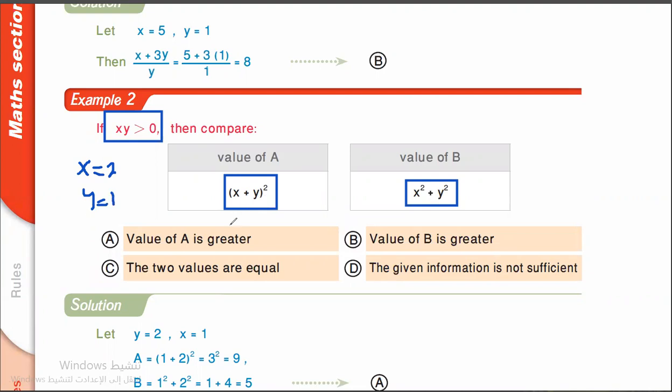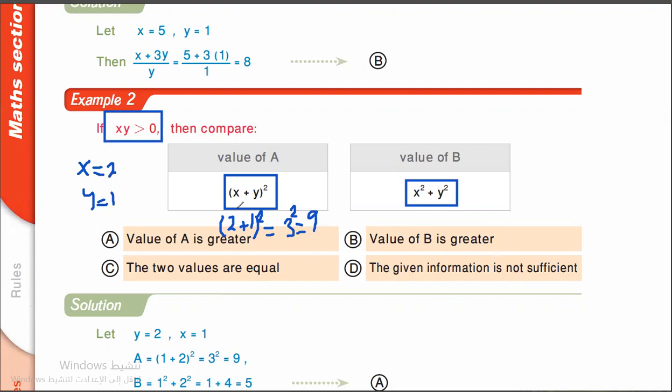So you substitute x with 2, and you write 2 plus 1, to the power 2, right? And 1 plus 2, it is 3 to the power 2, equals what? Equals 9, right?